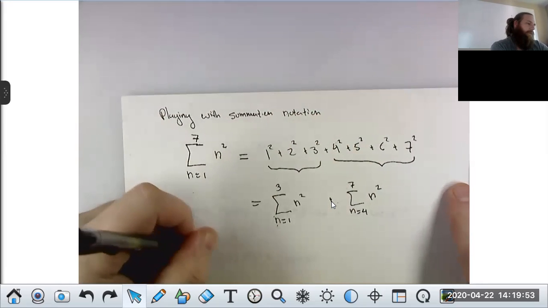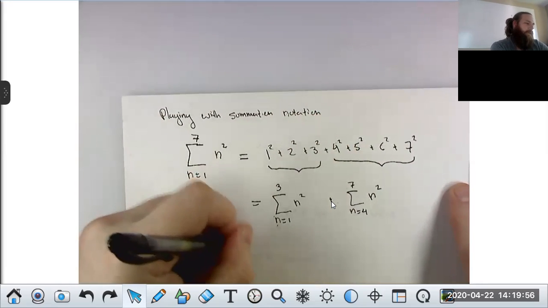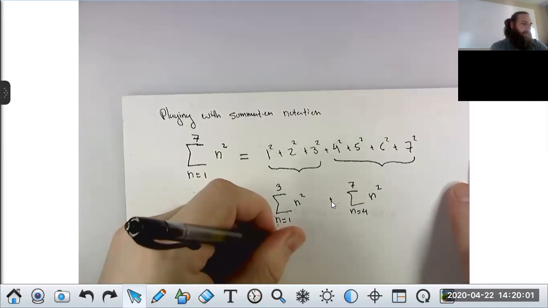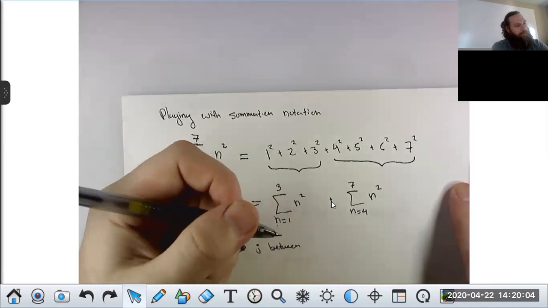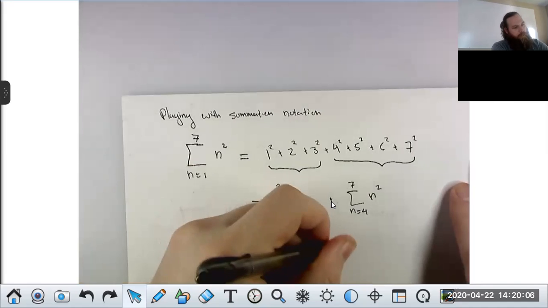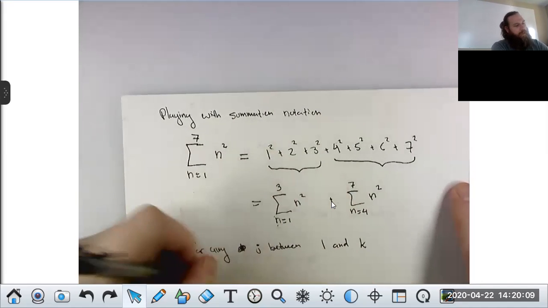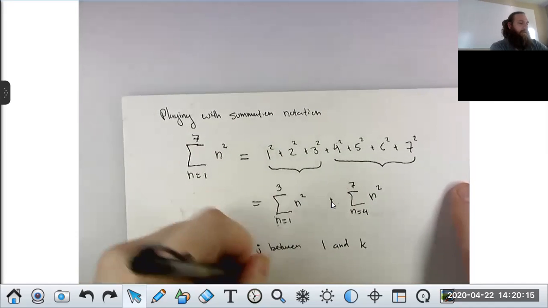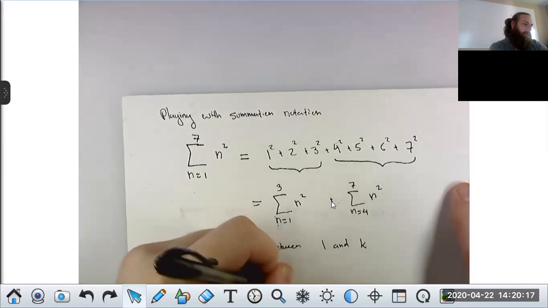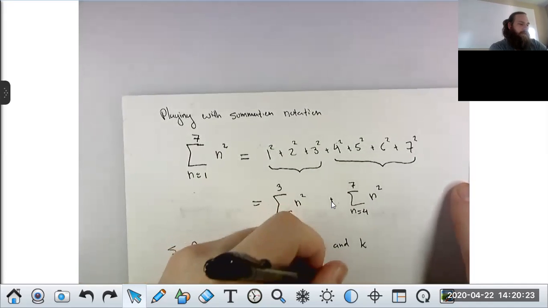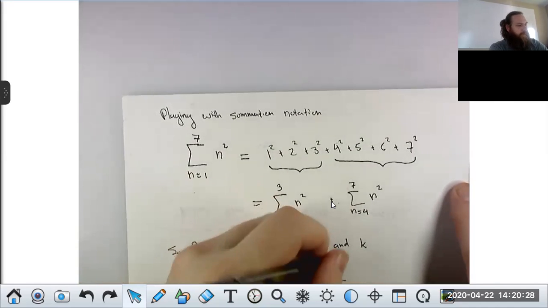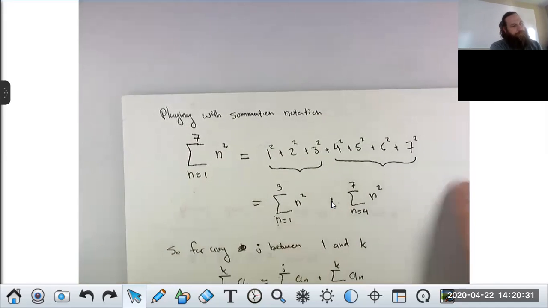So for any k, and any j between 1 and k, the sum from n equals 1 to k of an is the same as the sum from n equals 1 to j of an plus the sum from n equals j plus 1 to k of an.